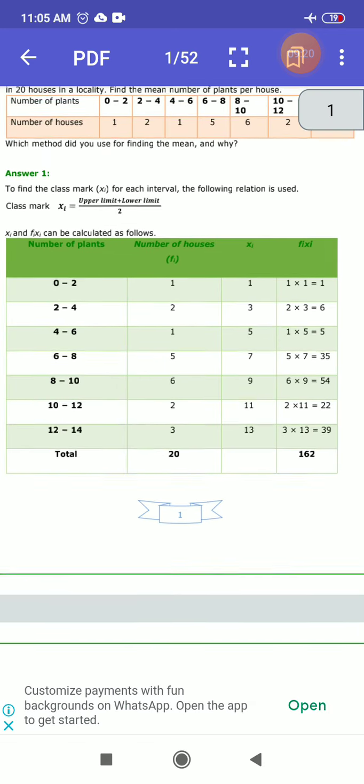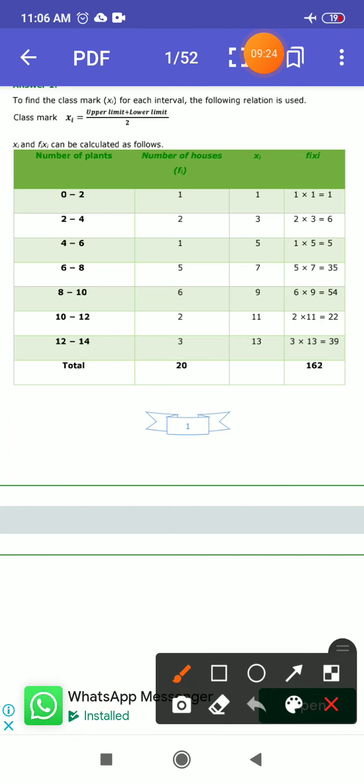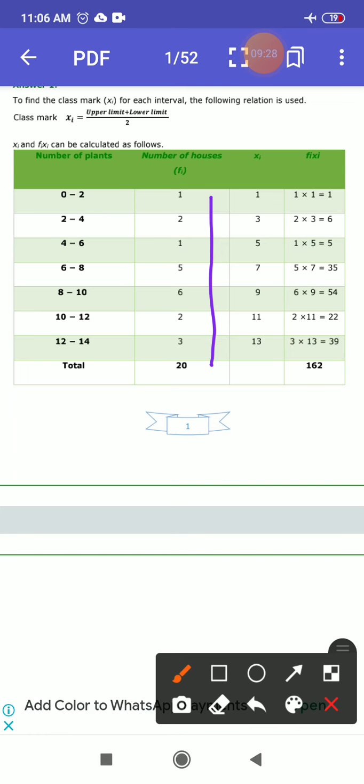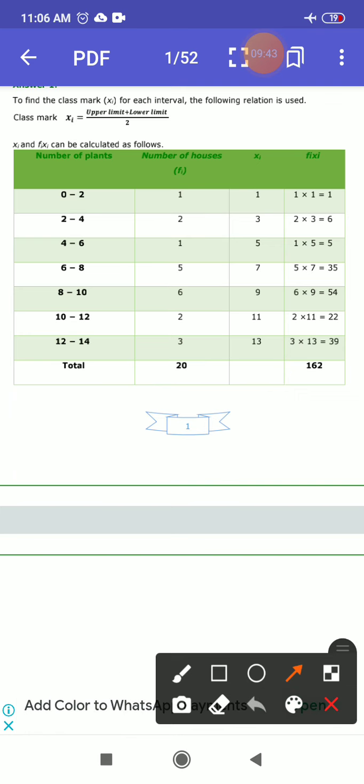Also you have to add these values, and then you calculate the summation. Here you have to know this is the value of summation fi xi and this is the value of summation fi. Now we go to the formula.